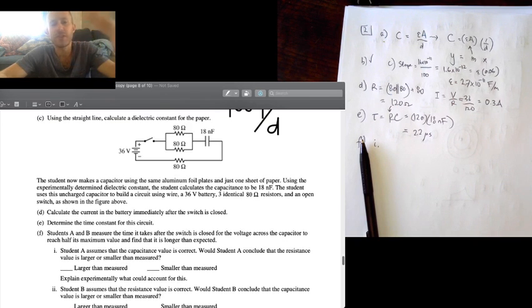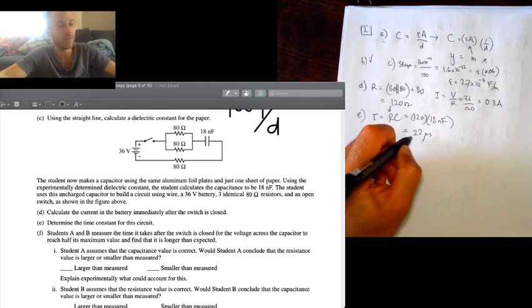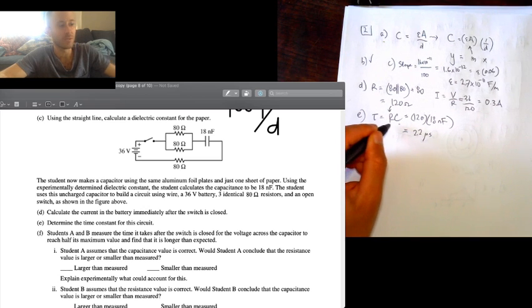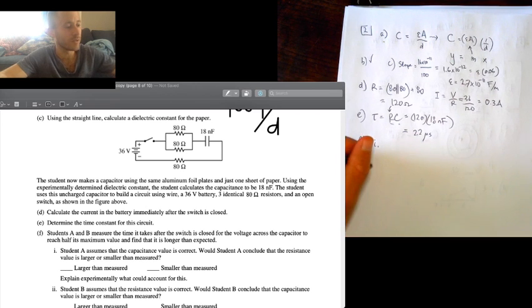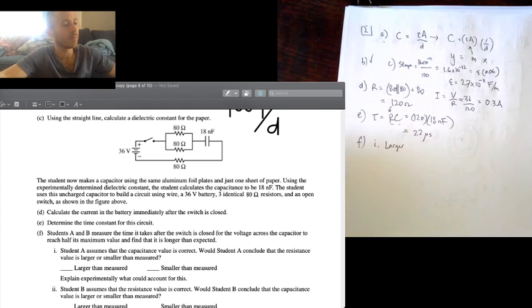So if it's taking longer than you expect, then the time constant must be longer than you expect. And if you're saying the capacitance is correct, then your resistance must be wrong, and it has to be too big. So the resistance is larger than measured.